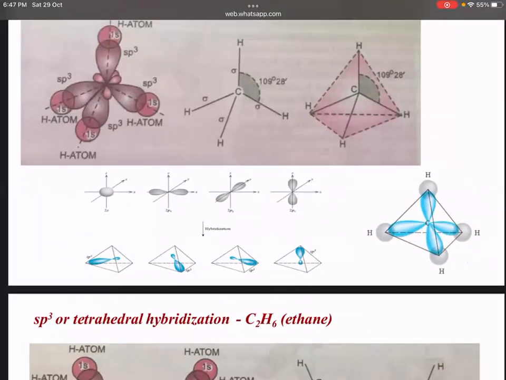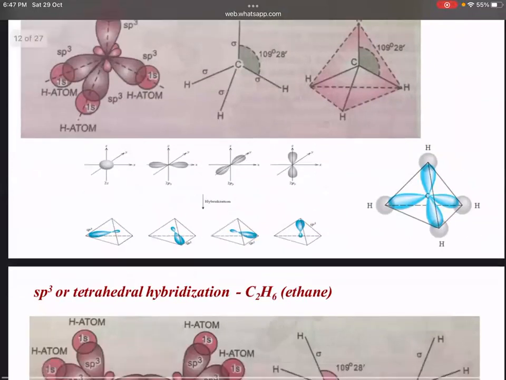One is oriented in this direction, another in this direction, the third and fourth on the other parts of the tetrahedron. Now the four hydrogens come. Okay, is it clear? So this is called sp3 hybridization.